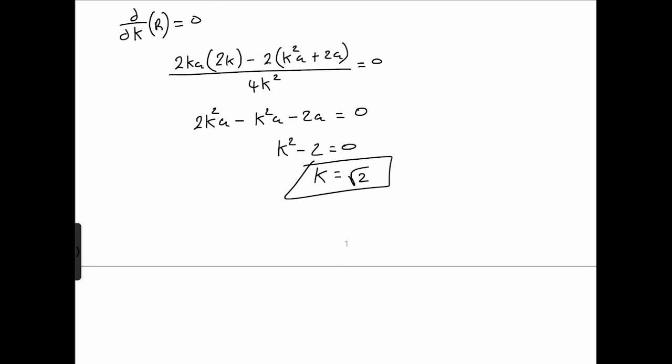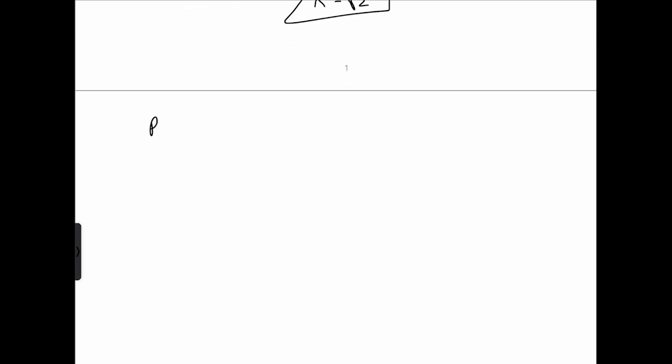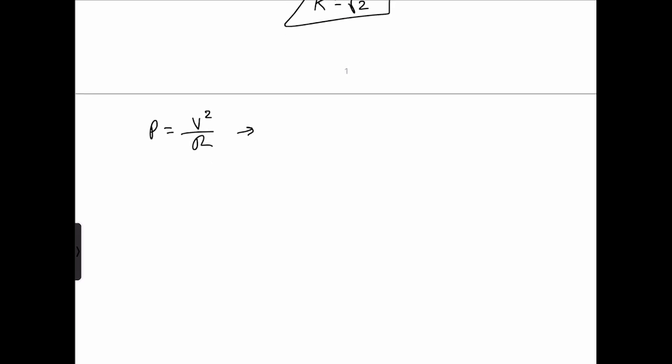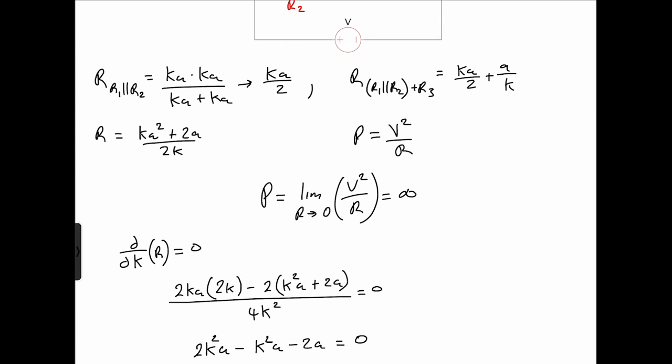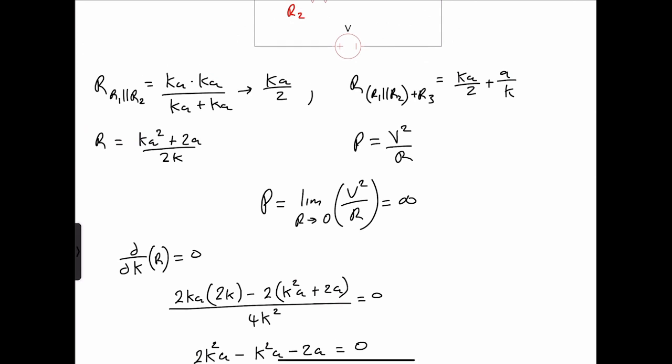So the power absorbed by the resistors in the circuit, we can then write that as P is equal to V squared over R. So then this is equal to, K we know is the square root of 2. So we write V squared divided by our equation R, and remember our equation R is as follows.